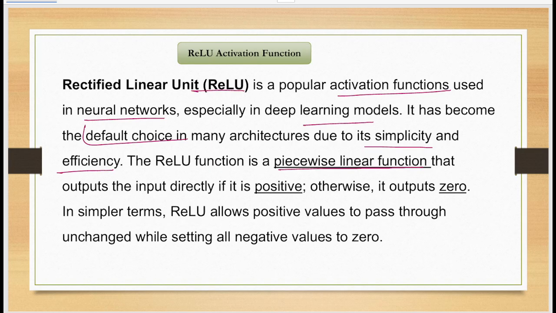It outputs the input directly if it is positive, and otherwise it is zero. In simpler terms, it allows positive values to pass through unchanged while setting all negative values to zero.